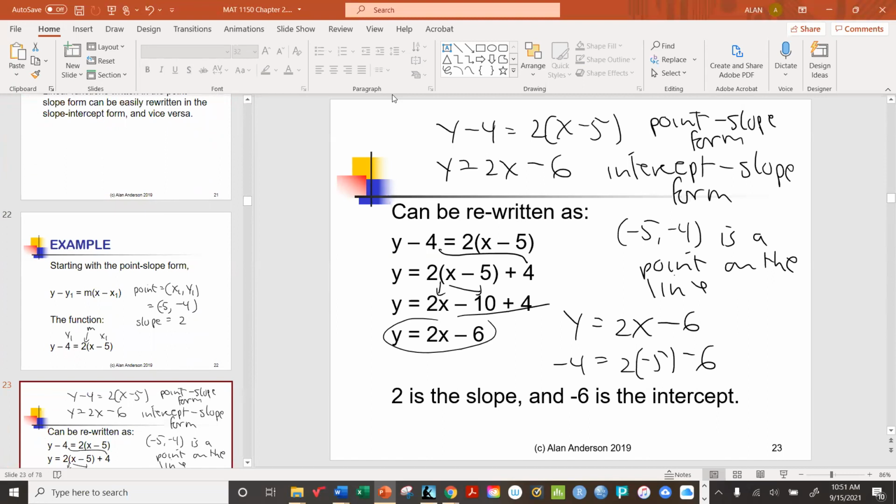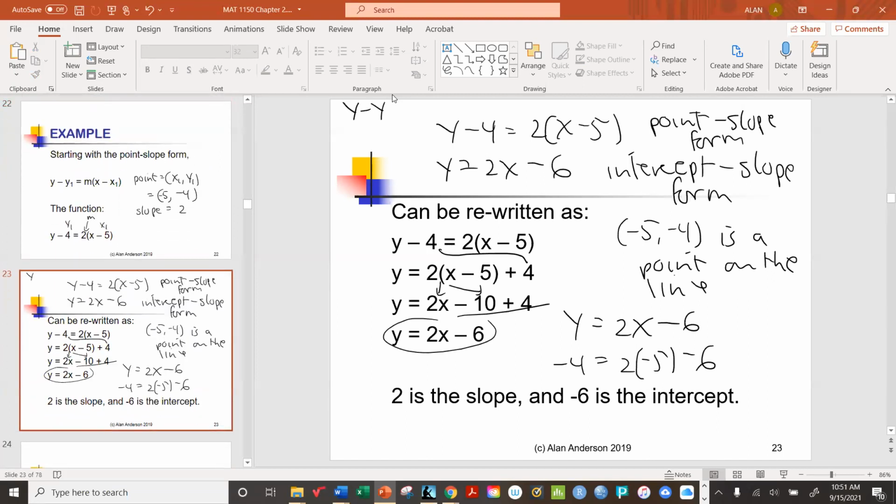Let me just repeat, it's y minus y1 equals m times x minus x1. So you know what that means. The point is actually 5, 4, because these are supposed to be negatives. You see how this is y1 and this is x1. Because of the way it's written, this is supposed to be subtracted. So the point is actually +5, +4. That's better. So 4 equals 10 minus 6, 4 equals 4. So we just proved it. The point 5, 4 is on this line.